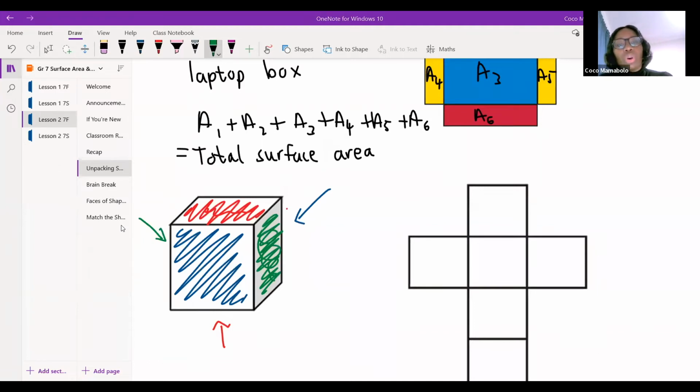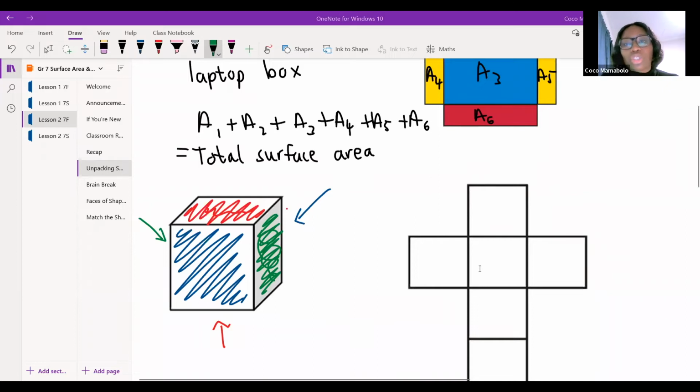So we can't just say my shape has 3 sides. If I have a top, I need a bottom. If I have a front, I need a back. And if I have a side over here, I also need a side over here. When I put it all together, it gives me 6 sides.